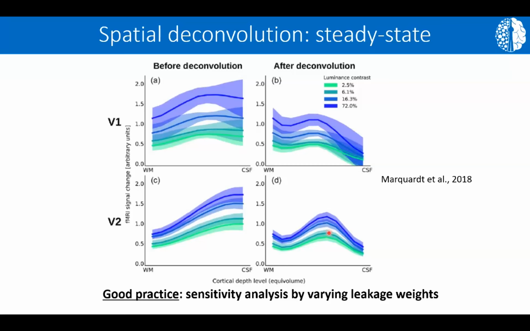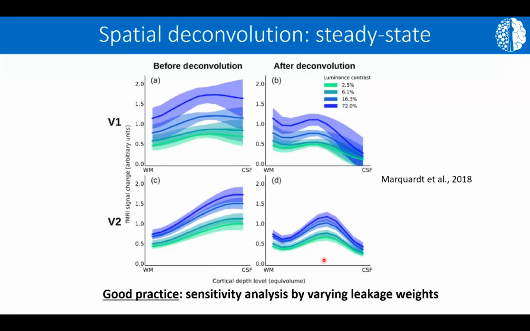And for this very simple stimulus in monkeys, with electrophysiology, they saw the strongest activation in the middle layers. And that's what we are getting after the spatial deconvolution. So that's very promising. Obviously, it's not a proof, but we know that the left is not correct when it comes to comparison with neural activity, and that the right one, this correction, leads to something which looks very similar to what we expect from electrophysiology.